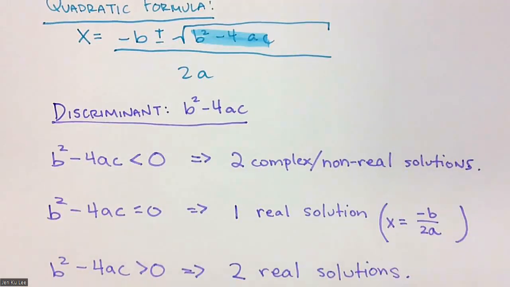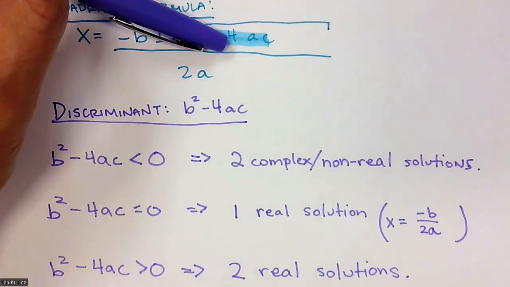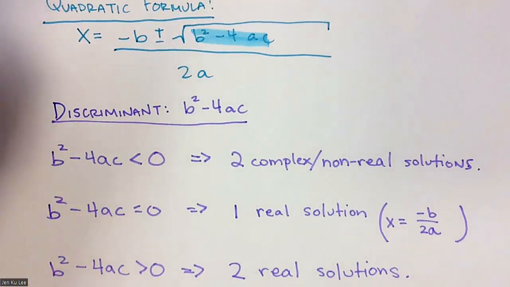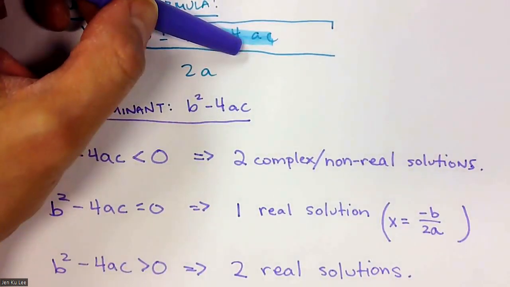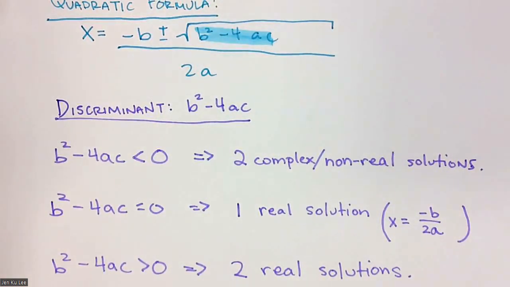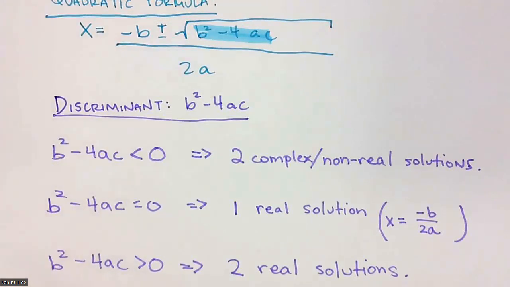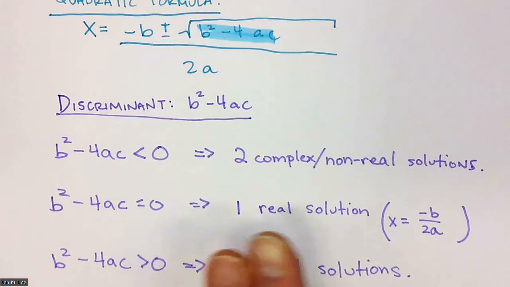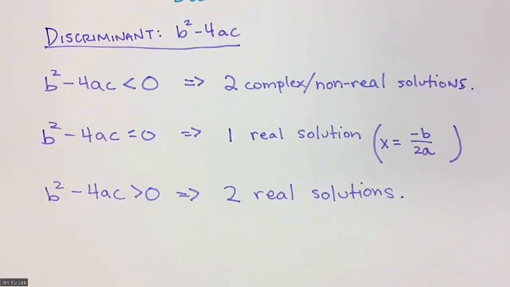Again, 2 because of the plus and the minus, and real because the square root of a positive number is a real value. The square root of 4 is 2, the square root of 9 is 3, so it'd be negative b plus or minus 3, which is still a real number, divided by 2a. So the discriminant tells me what type of solutions I have. Cool?